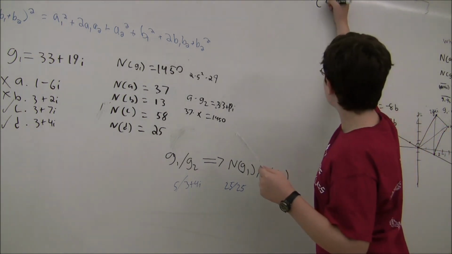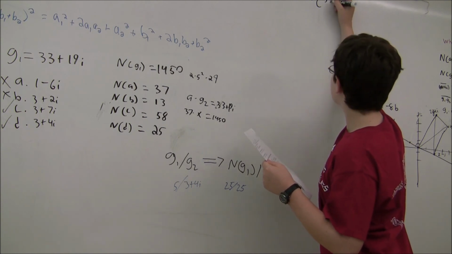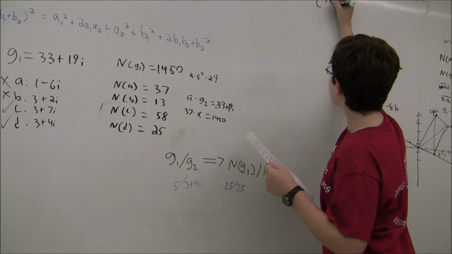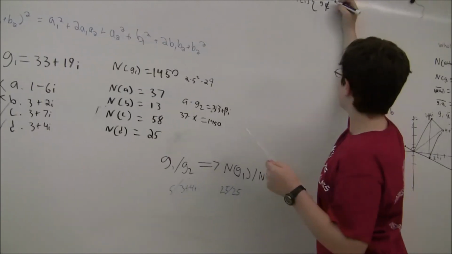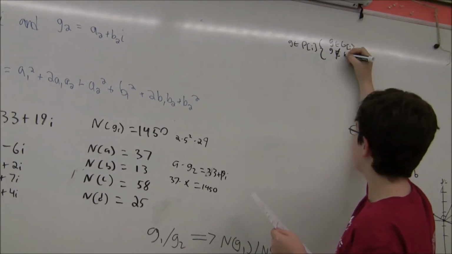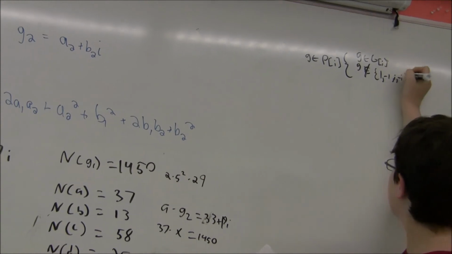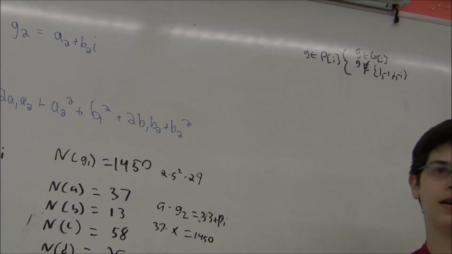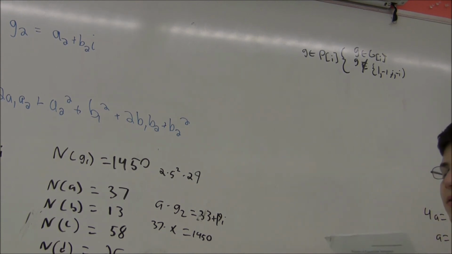Second of all, G does not belong to the set of 1, minus 1, i or minus i. Because then those would be the only primes because everything's divisible by all of them. So one is not prime.